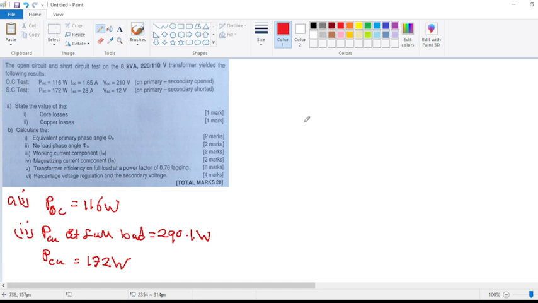Okay, so now the impedance of that equivalent has to be equal to the voltage of the short circuit divided by the current of the short circuit, because the testing is being done on the secondary side.